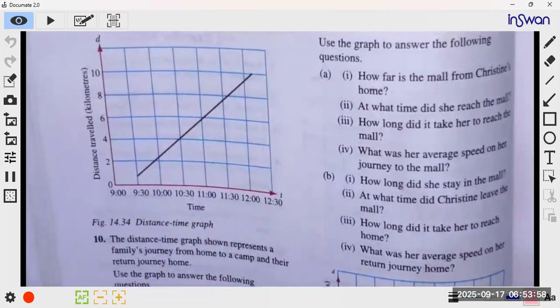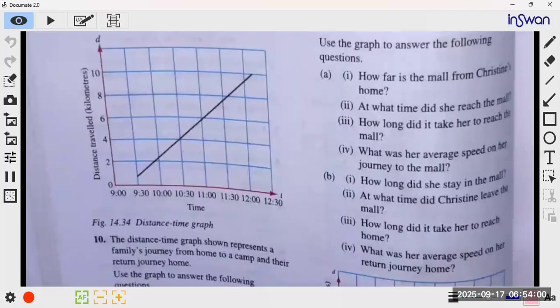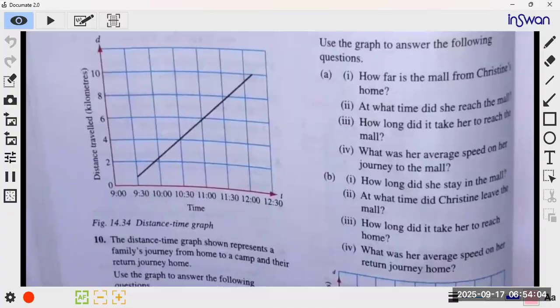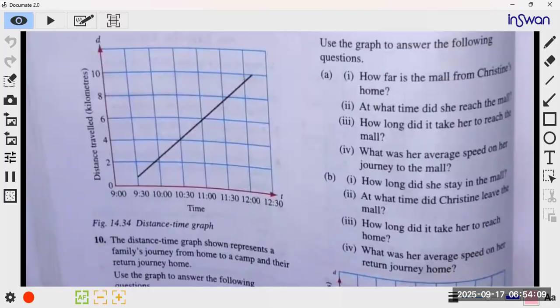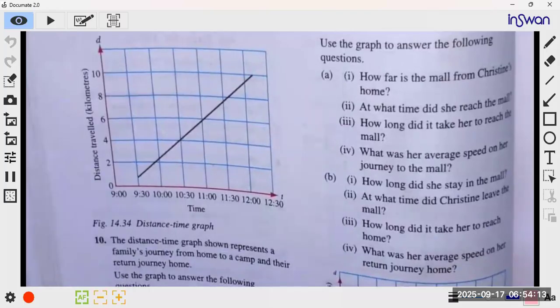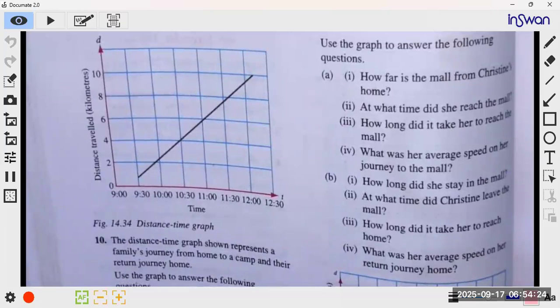So what is the distance Anna walked? From the graph, can you all tell me what distance Anna walked? Tristan, what distance did Anna walk? Nikki, what distance did Anna walk?